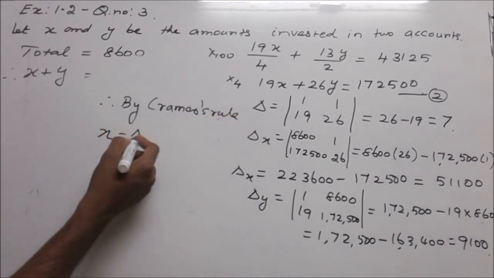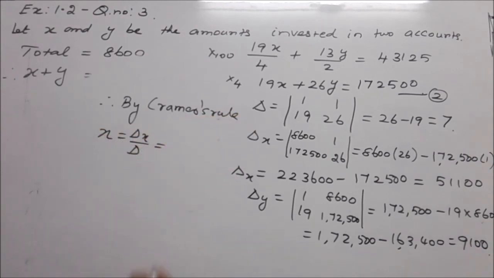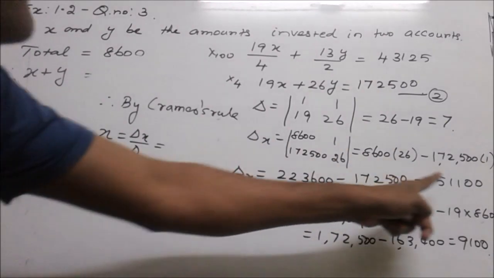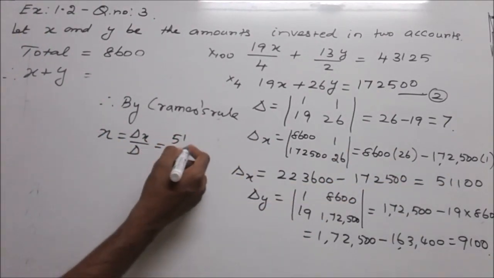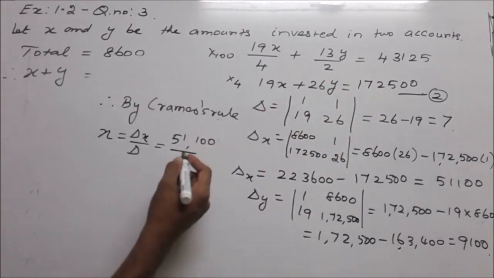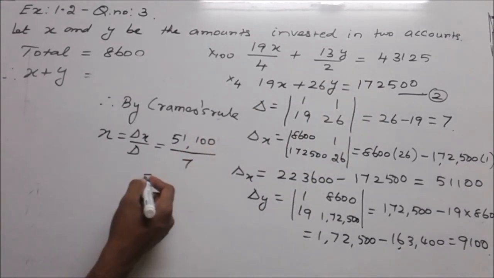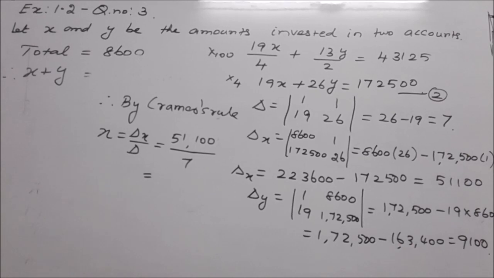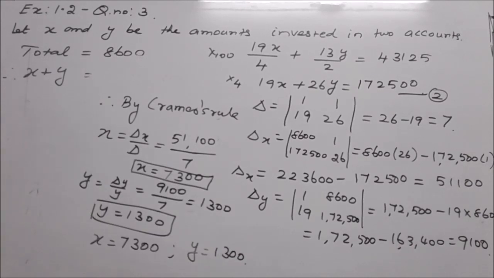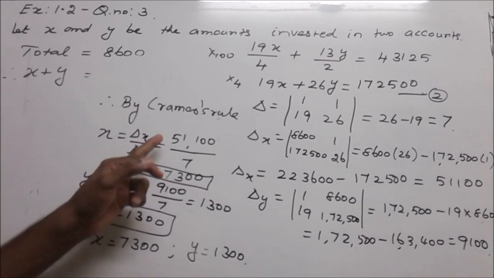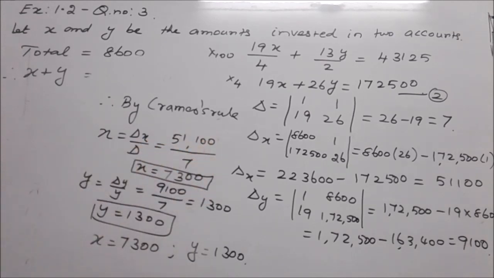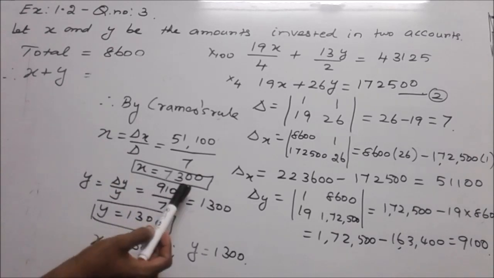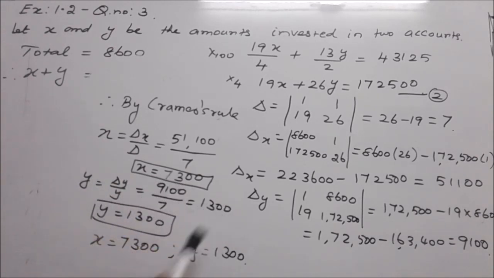Therefore, by Cramer's rule, x is equal to delta x by delta, 51,100 divided by 7, that is equal to 7,300, and y equal to delta y by delta, 9,100 by 7, that is equal to 1,300.